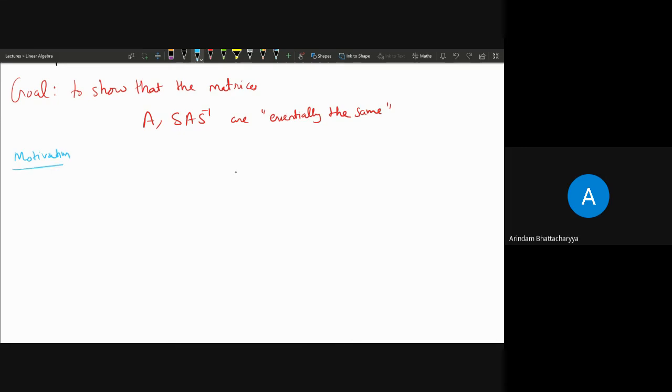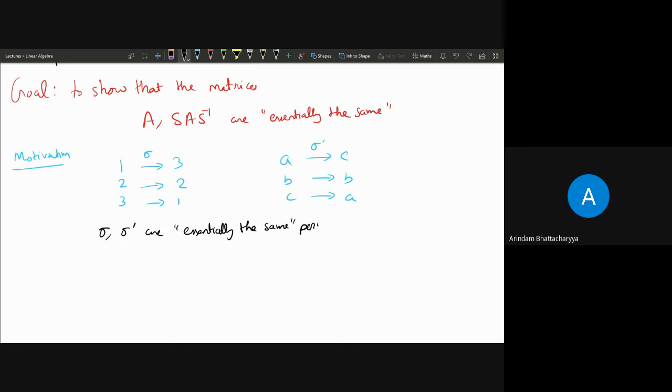Suppose I have a permutation, let's say of this, and let's say 1 goes to 3, 2 goes to itself, and this is sigma, and I have another, sigma dash, A goes to C, B goes to B, and C goes to A. Then sigma and sigma dash are essentially the same permutation, right?